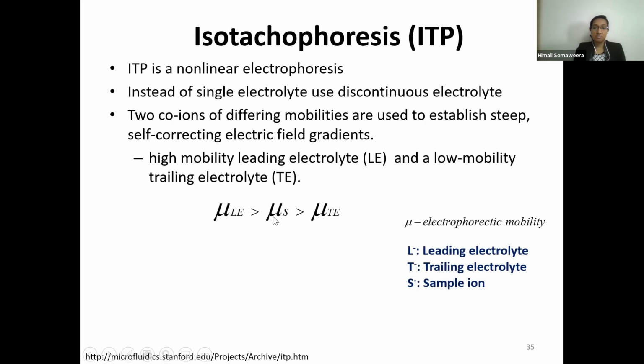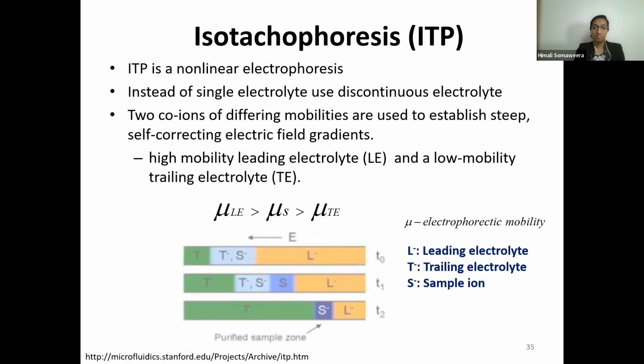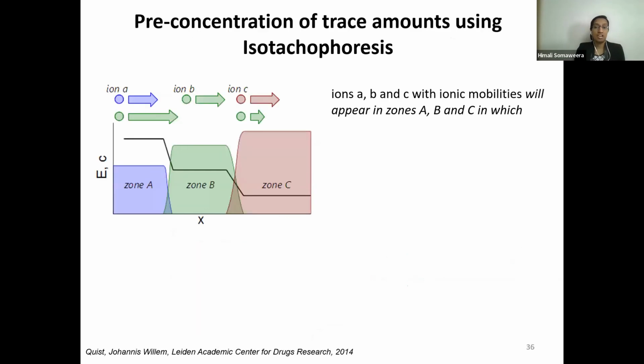When you have a sample in between the mobilities of the LE and TE, it can be sandwiched between those two electrolytes and pre-concentrate. What happens is that your trailing electrolyte goes later in the channel and the leading electrolyte moves forward. And if your sample's electrophoretic mobility is in between those two, it can pre-concentrate between those two electrolytes and give purified samples.